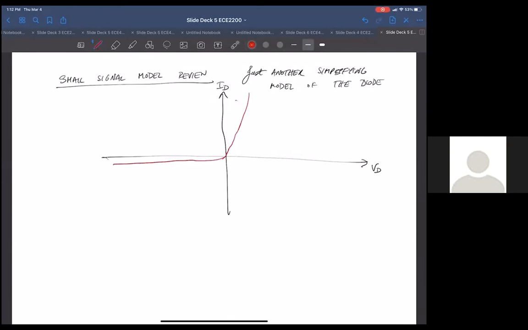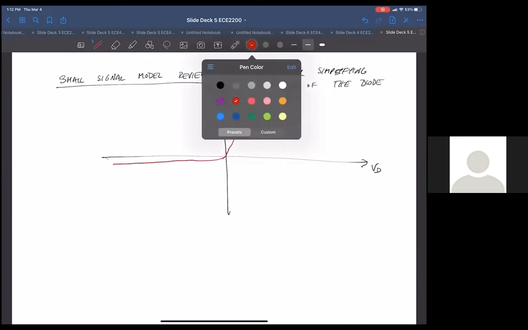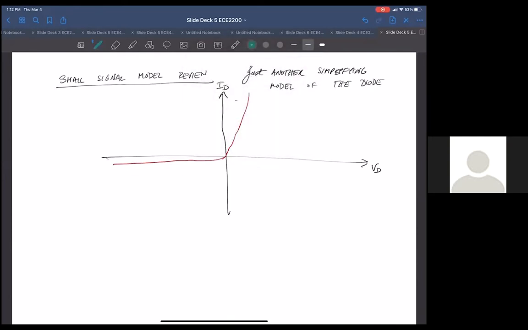The idea behind the small signal model is that you basically operate the circuit around what's called a bias point. And there's a voltage bias point and a corresponding current bias point. Okay.